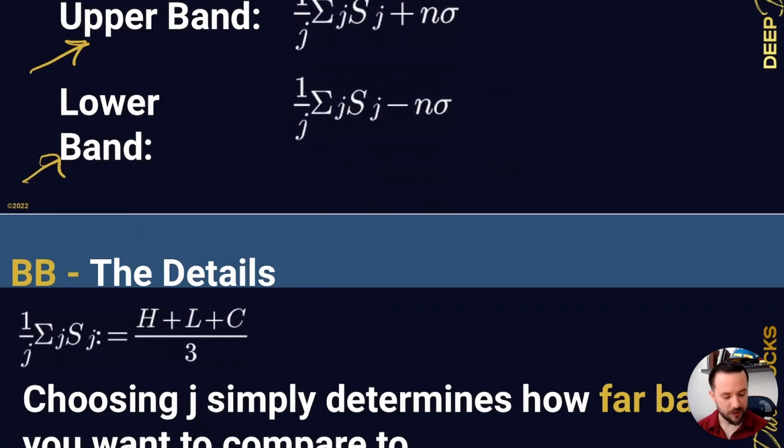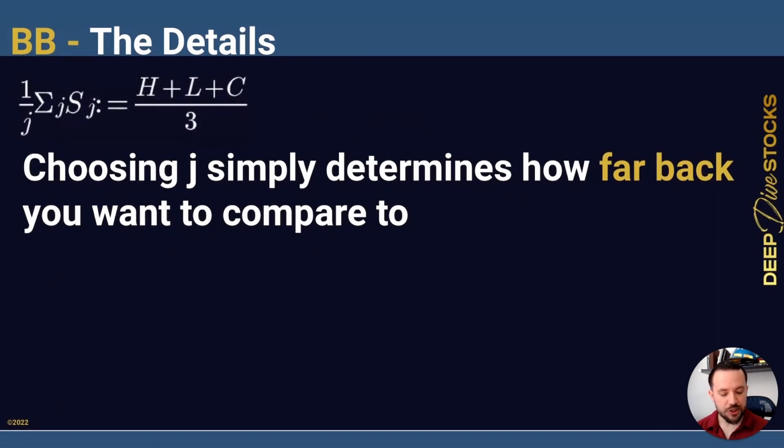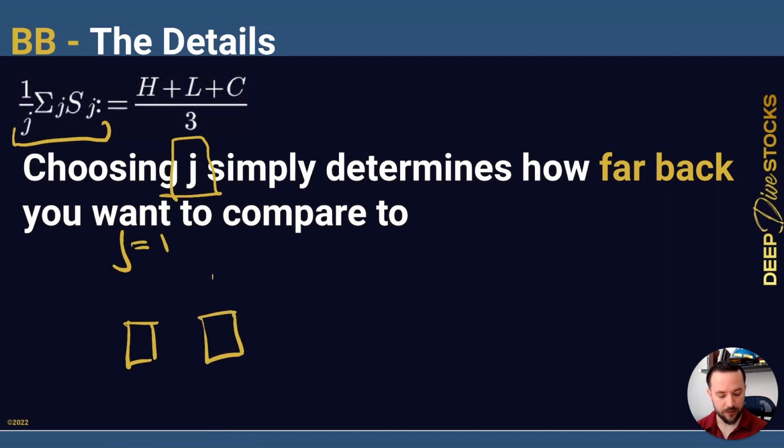The mean price equation just tells us the average price, which is the high plus the low plus the close, divided by 3. And then this fancy equation here tells us how far back we want to go, how much data we want to include in the calculation of this average price. So if we set J equal to 1, then we only include one candle, the current candle.